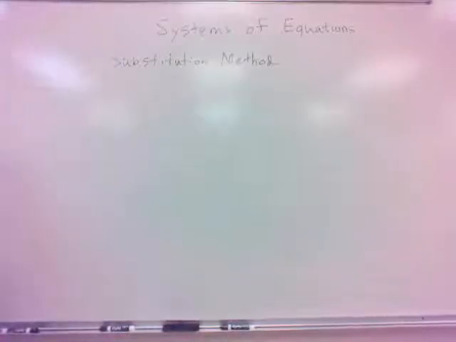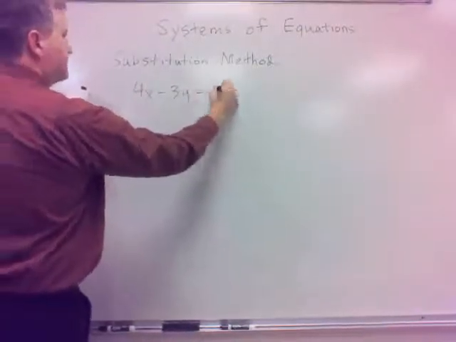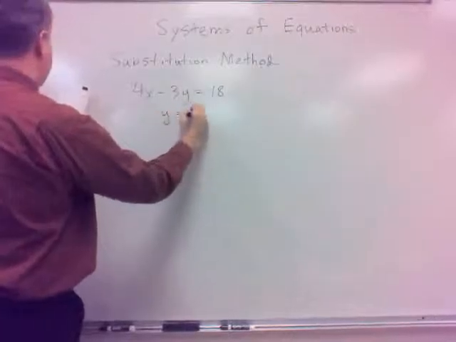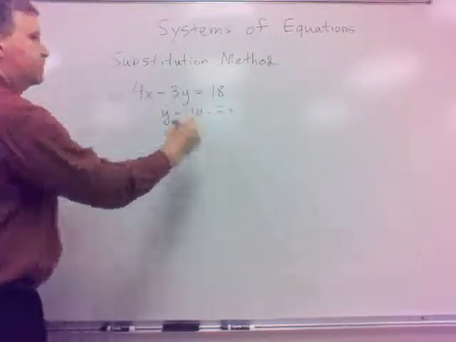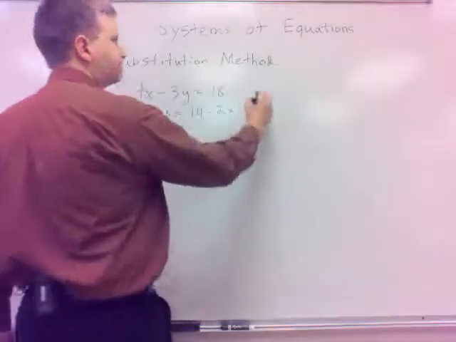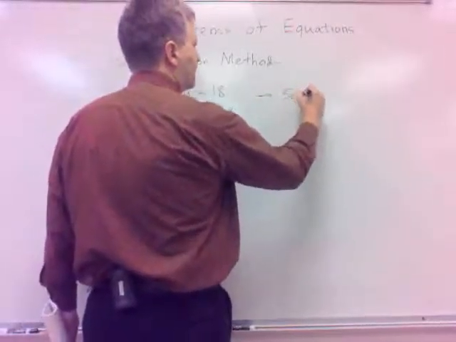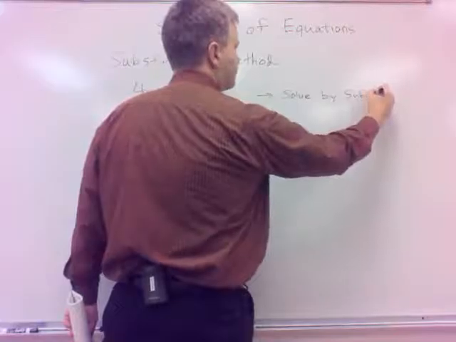If I have 4x minus 3y equals 18, and I have y equals 14 minus 2x, we're going to solve this one by substitution.